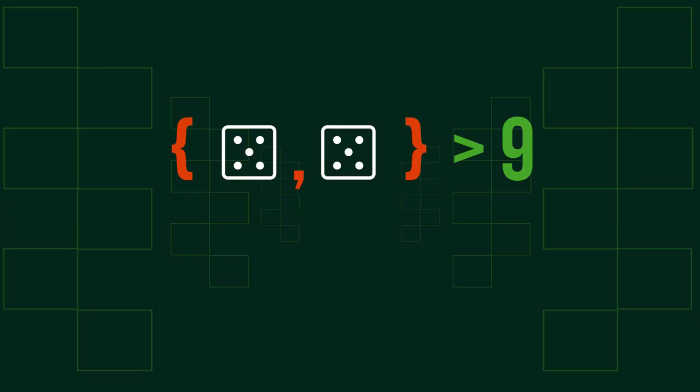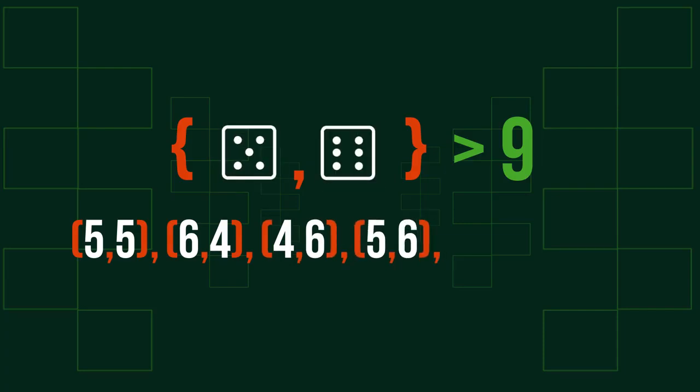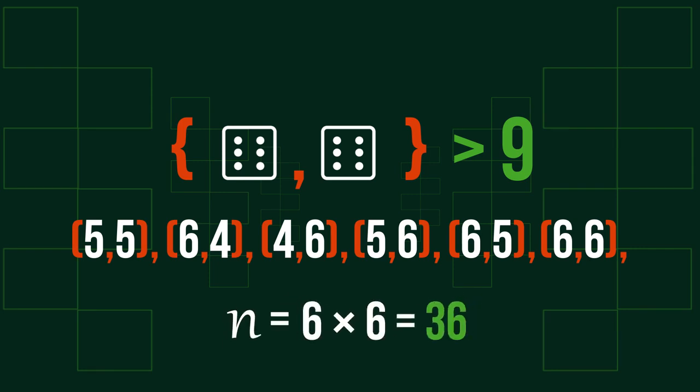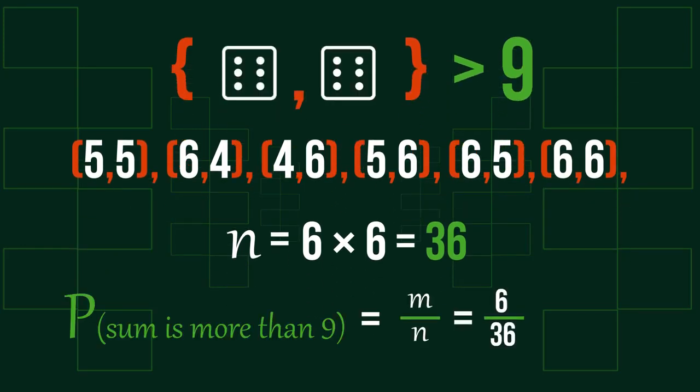Outcomes that satisfy our event are 5, 5, 6, 4, 4, 6, 5, 6, 6, 5, and 6, 6. The number of all possible outcomes is 6 times 6, which equals 36. So our probability is 6 over 36, or 1/6.